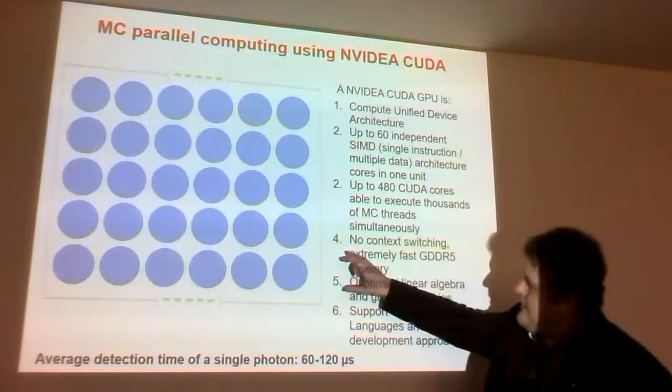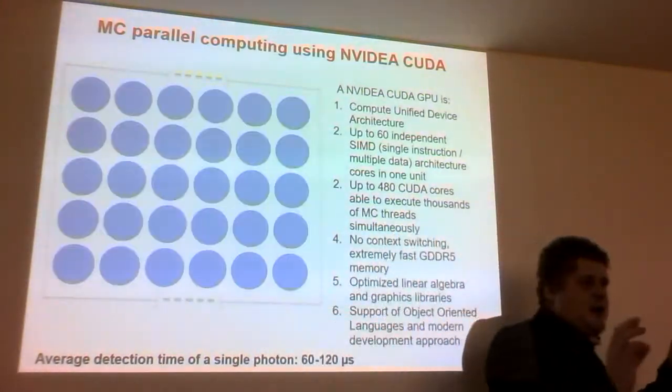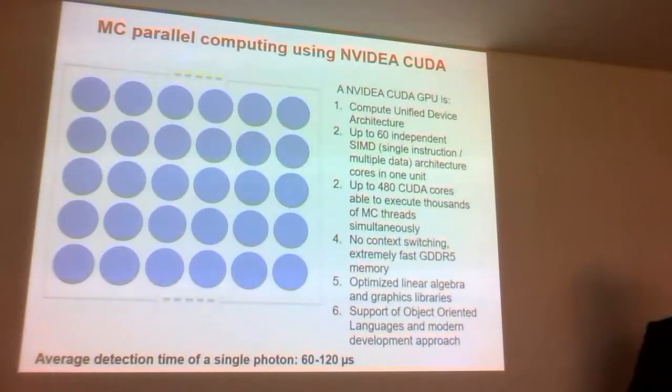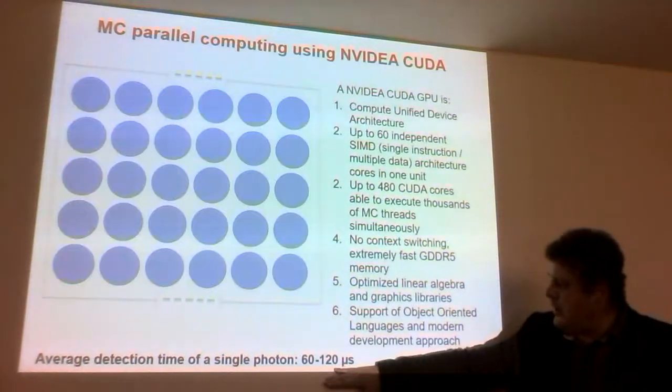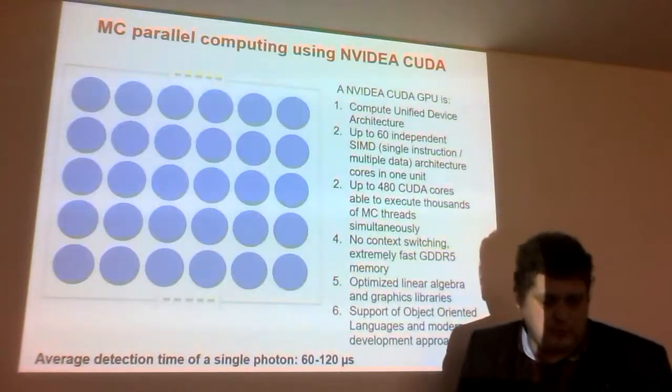What they did, actually, is artificially separate a number of cores in a card that could work dedicatedly for each photon modeling. And thus we're able to come to milliseconds for one photon modeling.